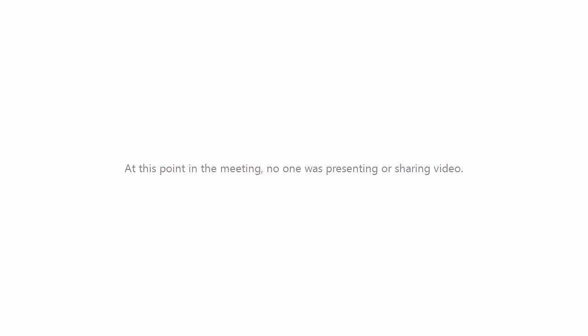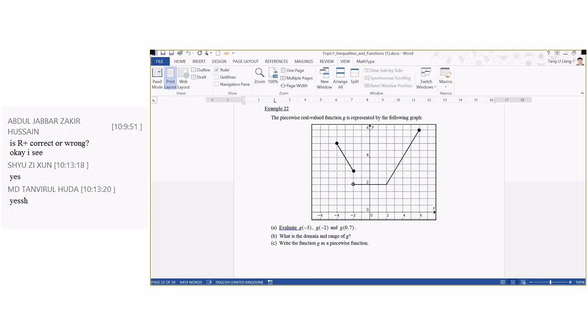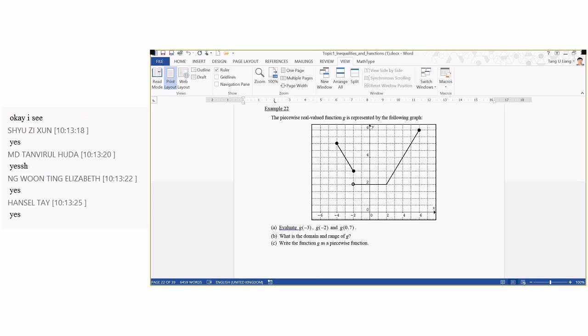Guys, do you see the Word document? What someone asked is: why do some graphs have a horizontal line attached to the linear line y equals mx plus c? I think this is a question concerning example 22 over here. Do correct me if I misunderstood the question.